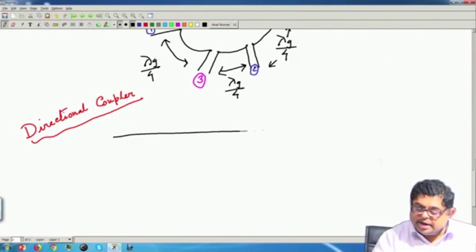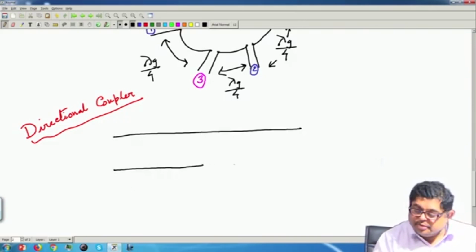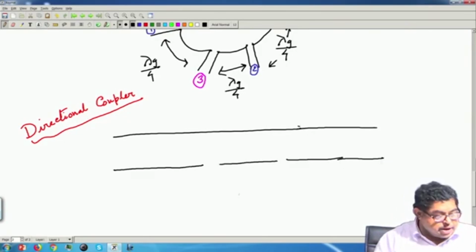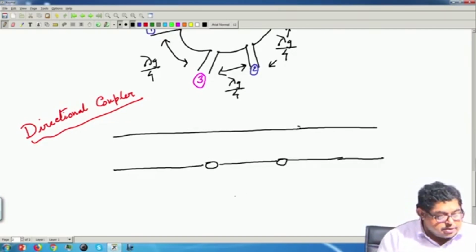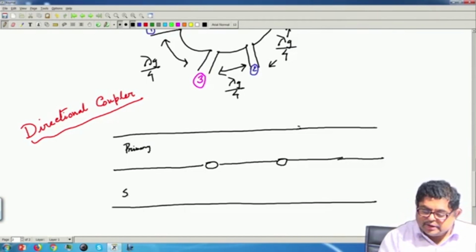A directional coupler is actually, so there are two holes, two openings here, and actually this is the primary guide and this is the secondary guide.